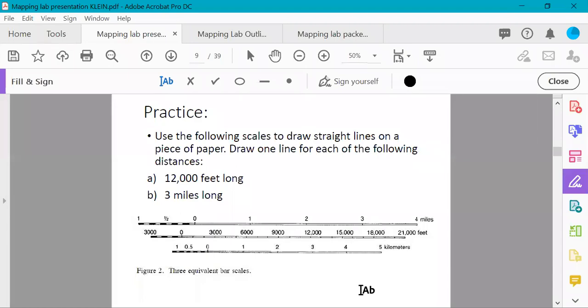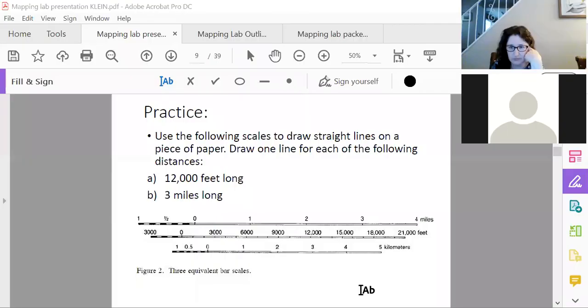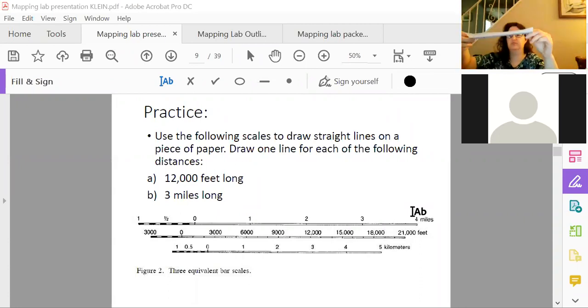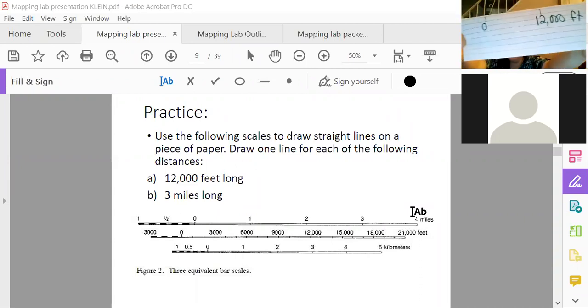Do that right now, okay? Okay, so again, I drew my 3 mile line and my 12,000 foot line.